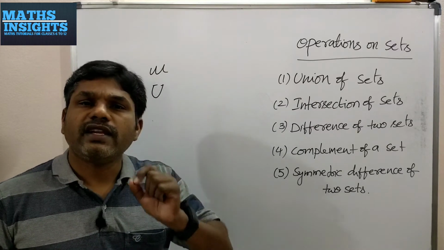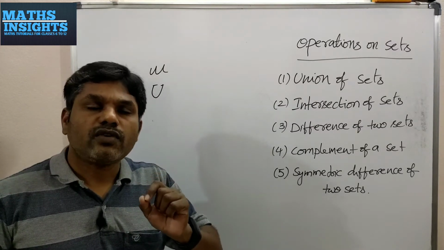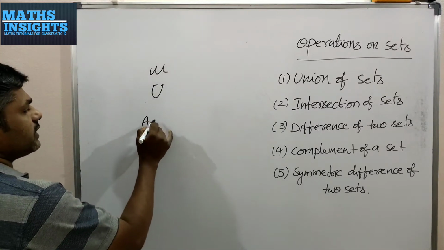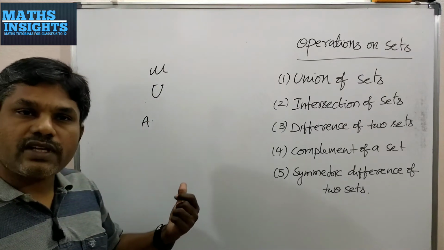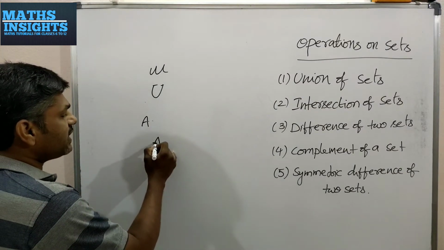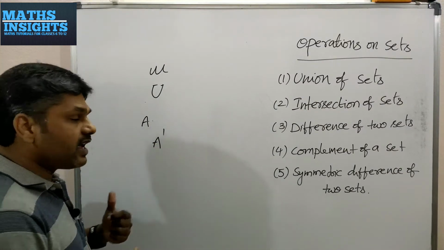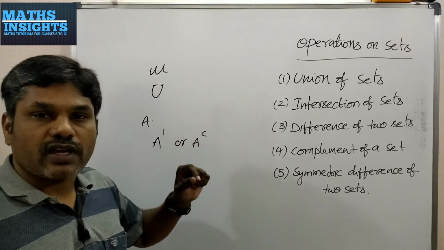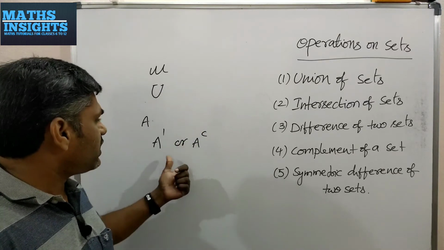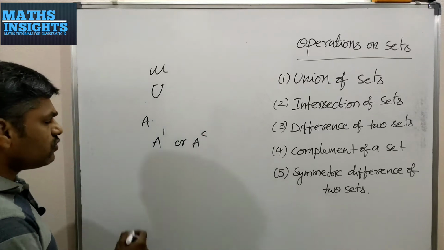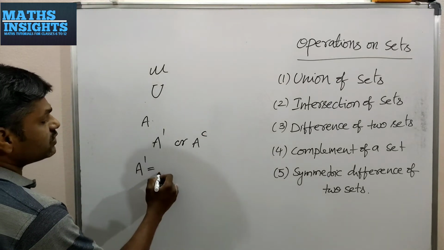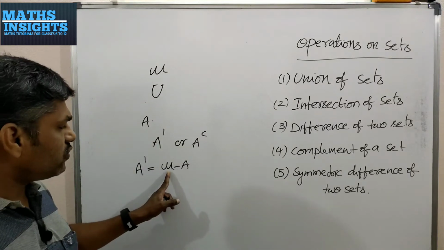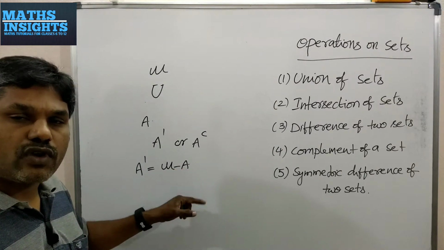If you take any set and want to find its complement, suppose I am taking a set A, then its complement is represented as A dash. We will read it as A dash or A C, that means complement of A. You define A dash as mu minus A, the difference of the universal set and the set whose complement you want to find.